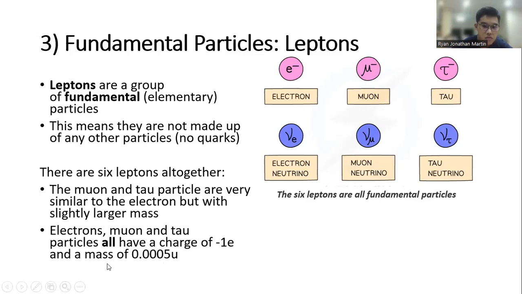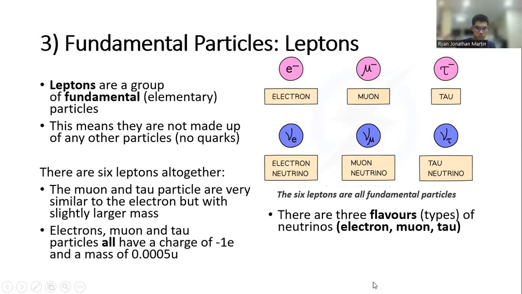And for electron, you have the electron neutrino. For muon, you have the muon neutrino. For tau, you have the tau neutrino. Right? So these are the 6 leptons. There are 3 flavors, types of neutrino: electron, muon, and tau. Right? That's what it means.